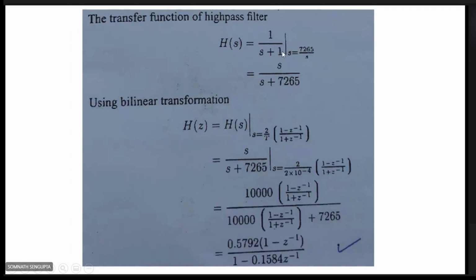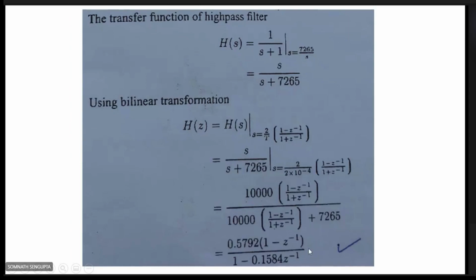So low pass will be converted to high pass, and according to the bilinear transformation method, s is equal to 2 by T times (1 minus z inverse) over (1 plus z inverse). H(s) should be changed to H(z), and finally we get this expression H(z).